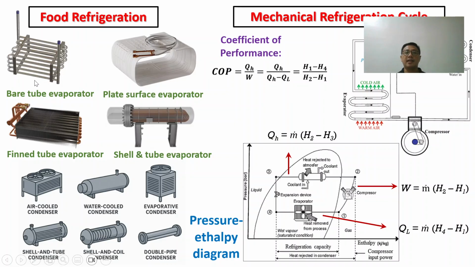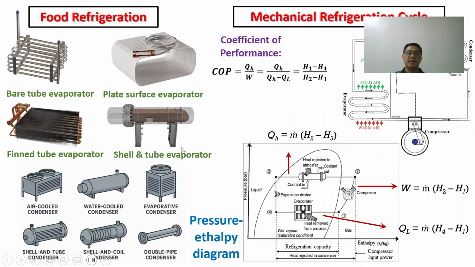Okay, so we have a design like this. Plate surface evaporator, in contact with the surface, to evaporate. Okay, finned tube evaporator, and then shell and tube evaporator. We can use a shell and tube heat exchanger to evaporate.